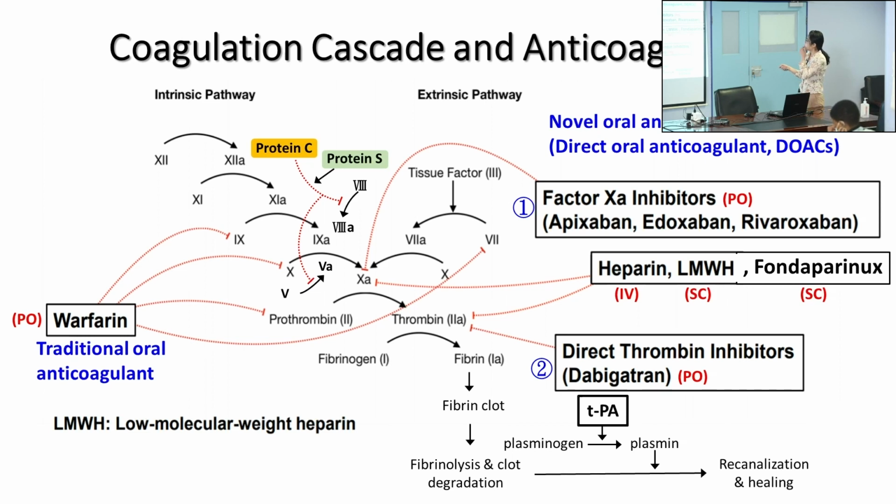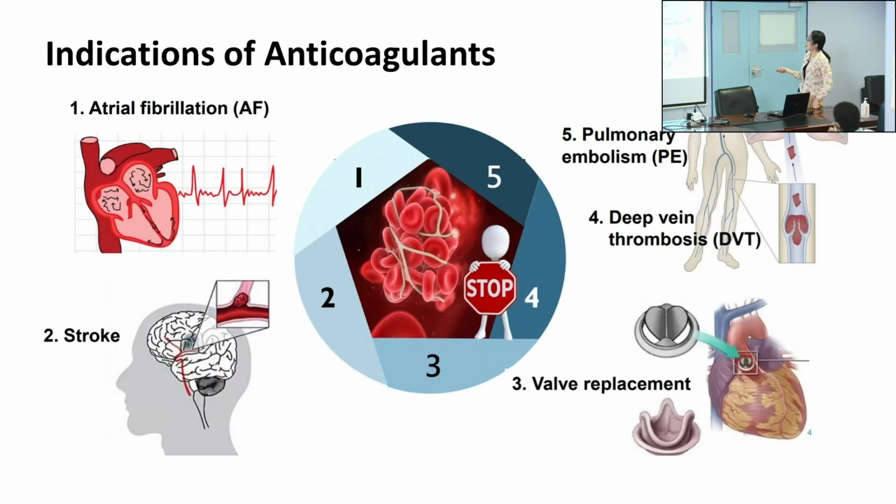Aside from that, nowadays we also have newer generation oral anticoagulants, known as novel oral anticoagulants or direct oral anticoagulants. They target directly at factor 10 or factor 2, so they are known as factor 10 inhibitors or factor 2 inhibitors. Even though they are not very widely used in Swaziland right now, they are very popular around the world today.